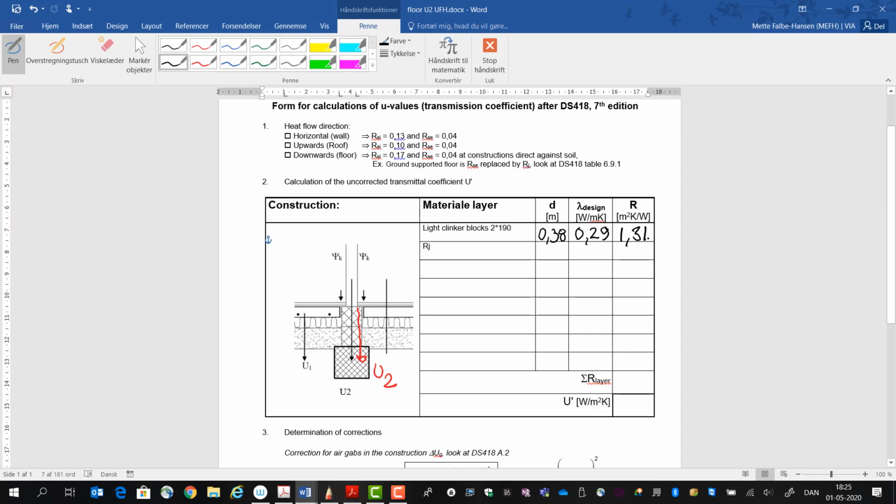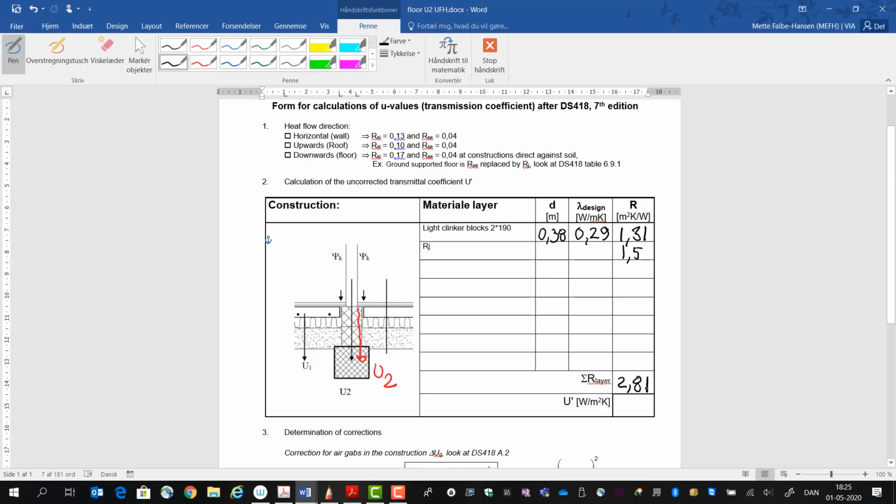And then we have the surface resistance for soil, and we just looked that up before, and that was 1.5. And then we add these together, and that is 2.81.